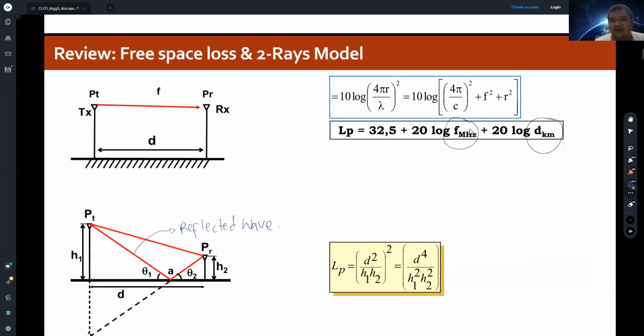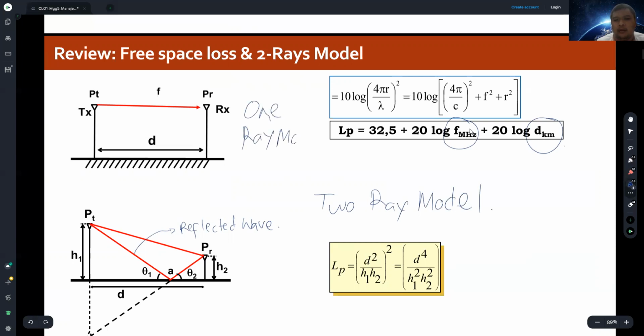On the other hand, the two-ray model is only affected by the value of the distance between Tx and Rx, and also the height of the transmitter and the receiver.